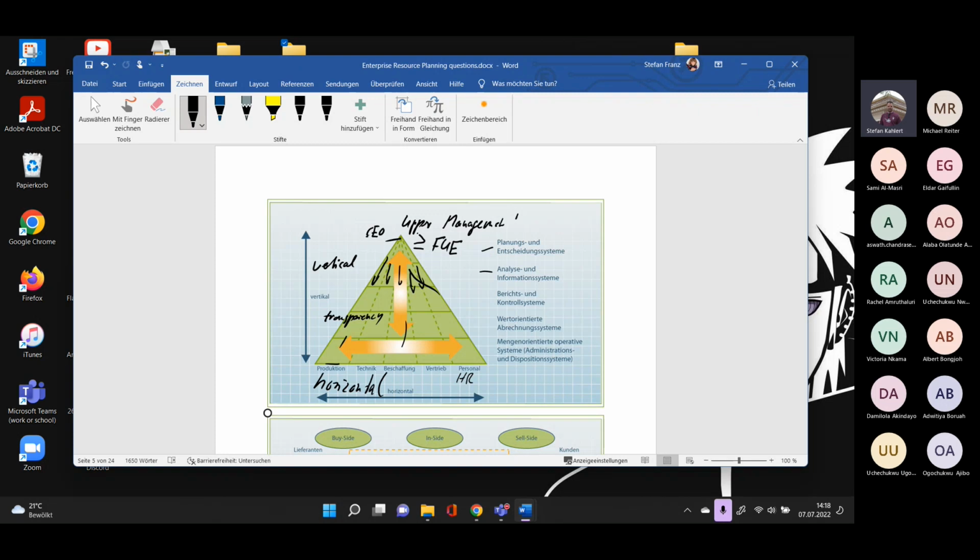And the more you go down, you have here somewhere the middle management, and these are unit leaders. So this is, for instance, what I am in my company. I have one unit, which is the sales unit, right?